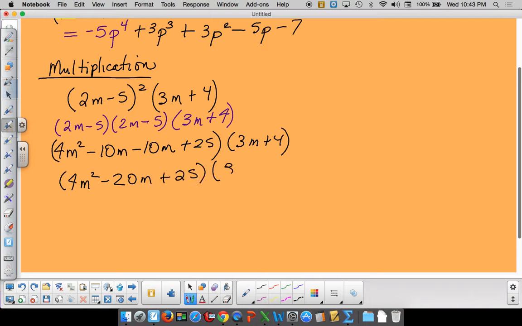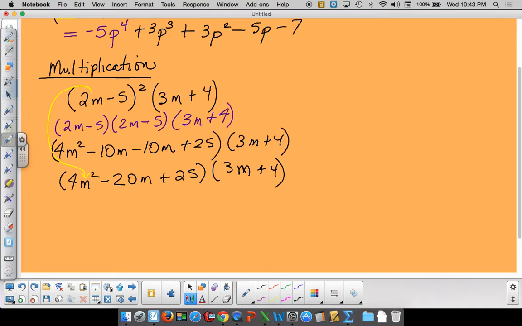Now, I am perfectly fine if you FOIL a binomial and do a complete FOIL out like I did. But there's also the much easier way to notice what was the pattern when we squared 2m minus 5. You'll notice, in reality, what we did, to the final answer, we squared 2m, which gave us the 4m squared.